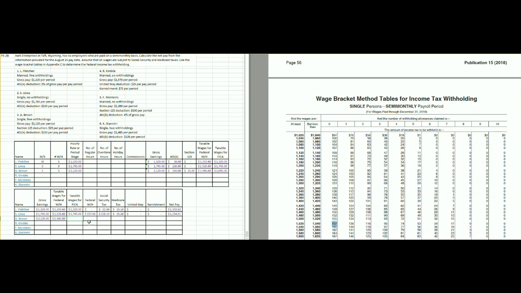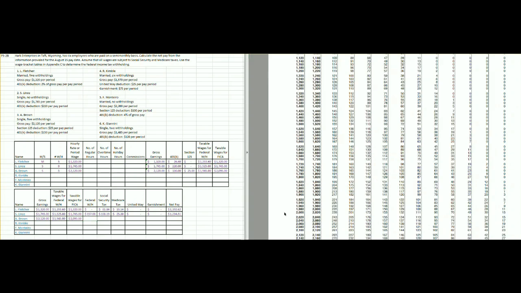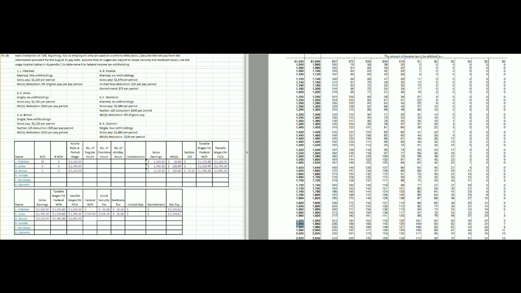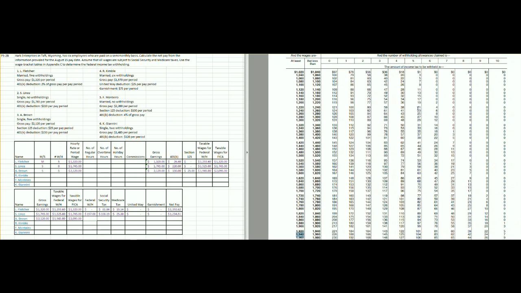And taxable for FICA equals $2,095. Scrolling down this table, we find taxable income of $1,945, which will be in this row. Scrolling back up, we find the column for 5, and we follow it down, showing federal income taxes of $104.